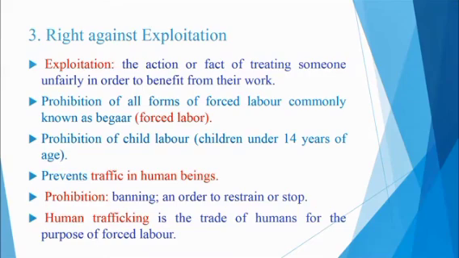So as a whole, right against exploitation means the Constitution prohibits human trafficking, forced labor and employment of children under 14 years of age. Here, human trafficking means the practice of the illegal buying and selling of different commodities across national borders.